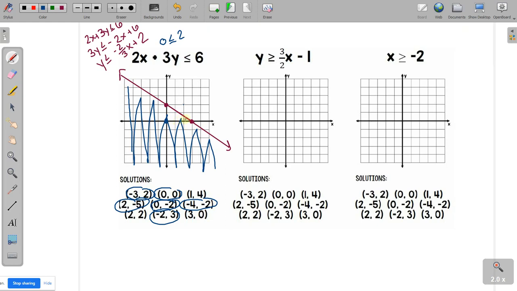And (3, 0) is a solution because it's on the line.